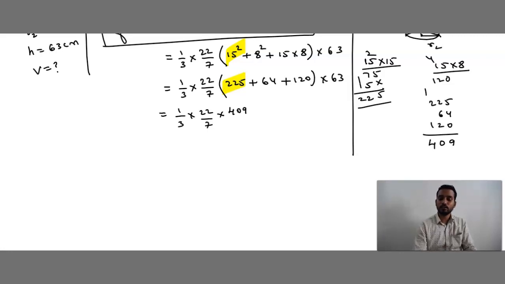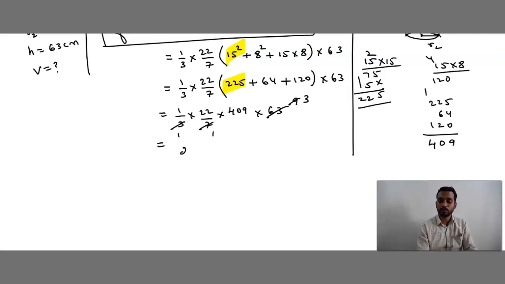It is 409 into 63. Are any terms getting cancelled? Yes. Which are the terms? 7 and 63. 7 ones are 7, 7 nines are 63. 3 ones are 3, 3 threes are 9, right?